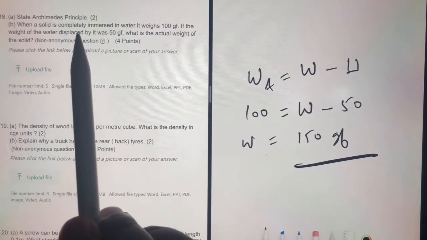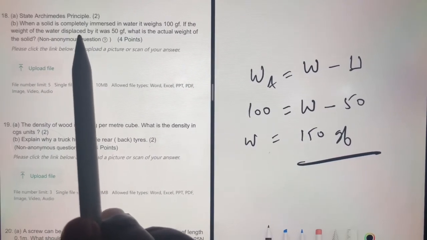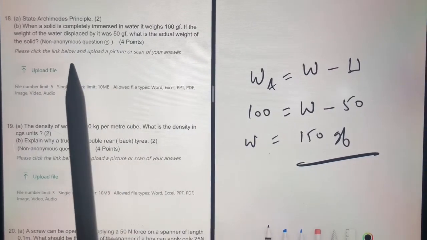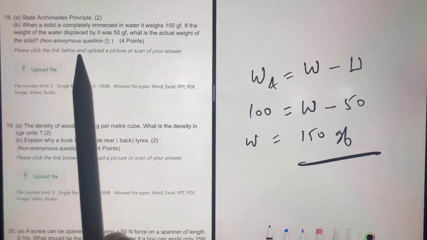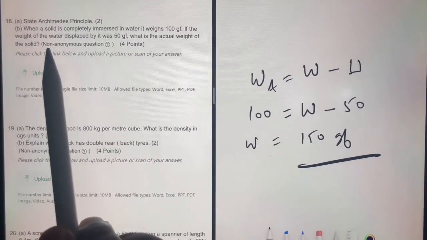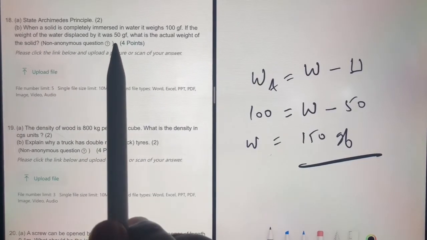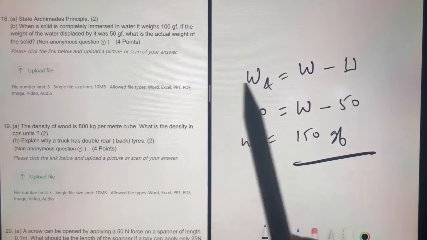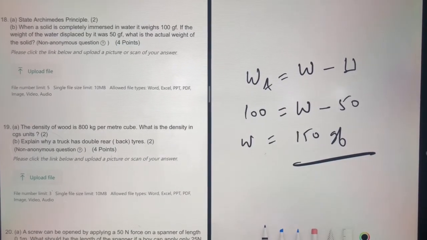So if you knew what Archimedes' principle is, you could have easily done it, because Archimedes' principle is telling you that the upthrust is equal to the weight of the liquid displaced. So here the weight of the water displaced is given as 50. So that happens to be the upthrust. So all you need to do is put it in this simple equation and solve it.